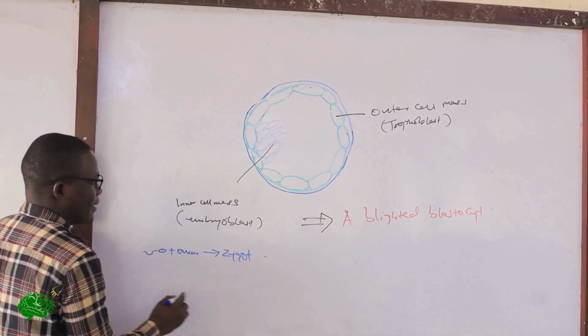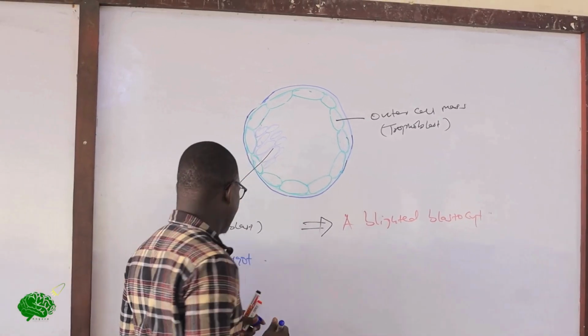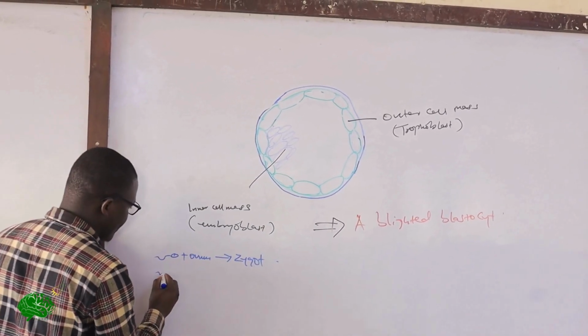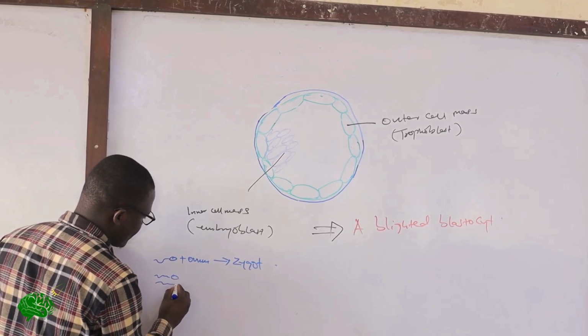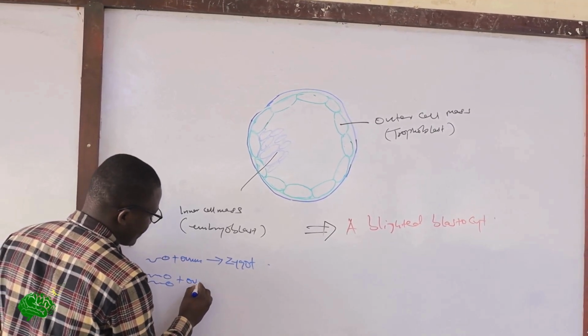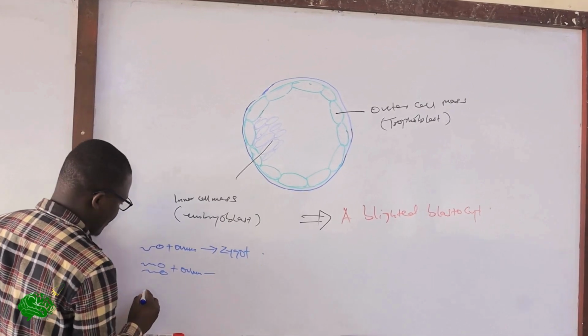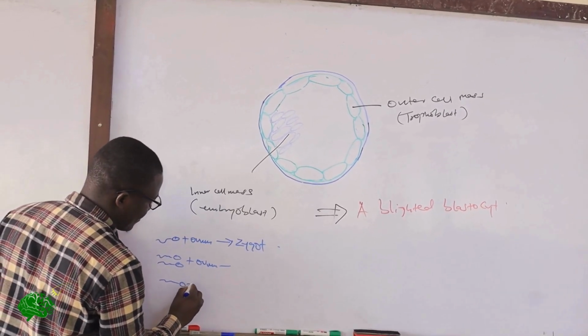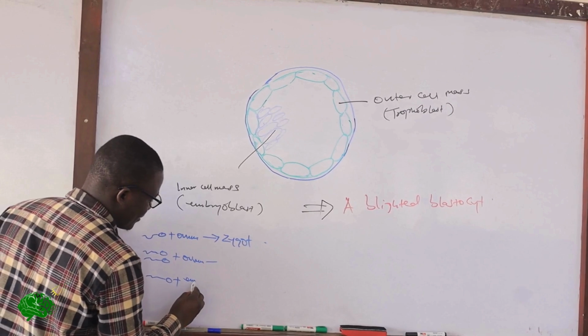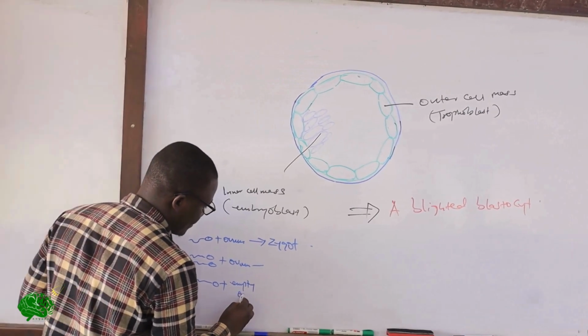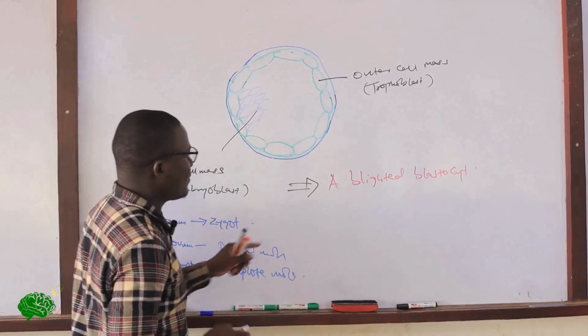However, in a blighted blastocyst, we shall have either two sperms fertilizing an ovum, or one sperm fertilizing an empty ovum. So what happens?